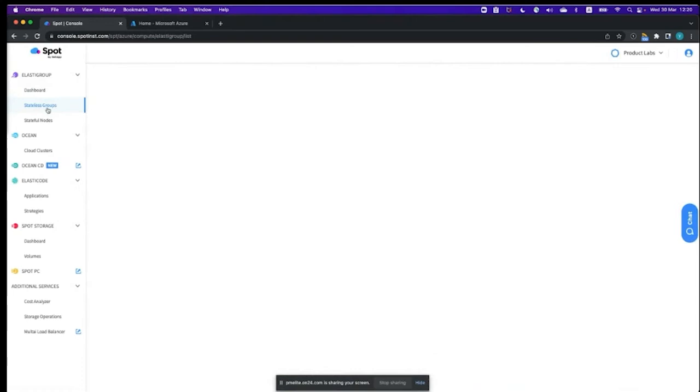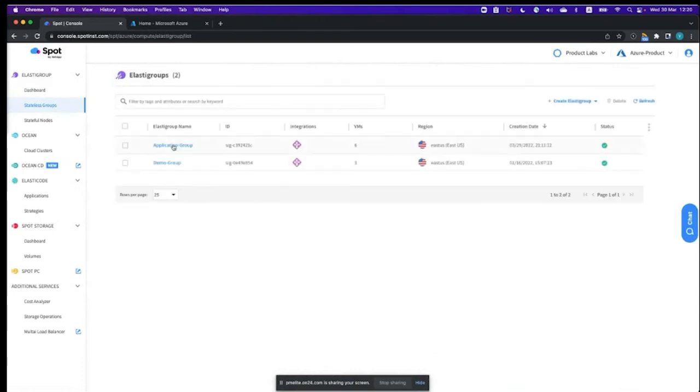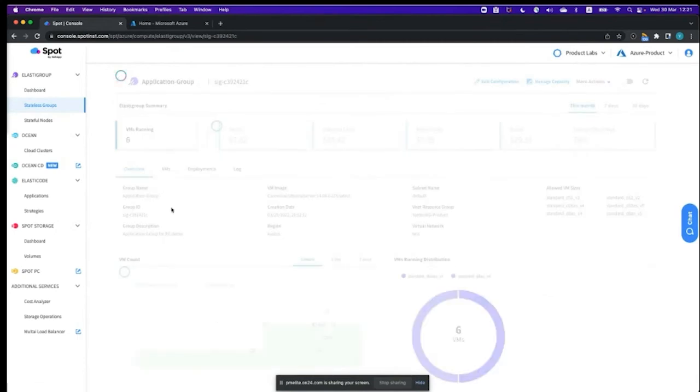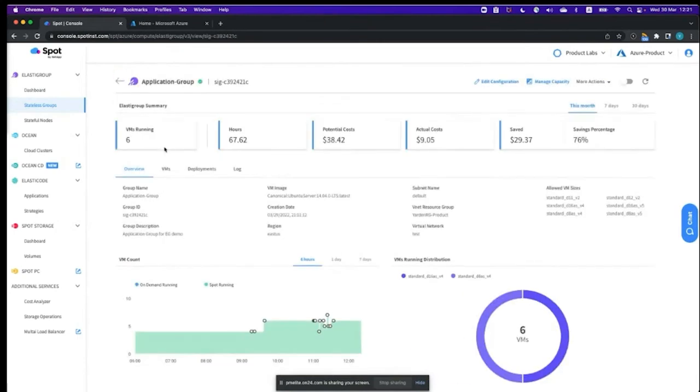Going through the stateful groups, I've prepared an application group here, which is a demo group, giving us an overview of the group. It has 6 VMs running, with 76% savings on this group alone. That's the saving compared to the on-demand pricing of those instances. You can see that we allow, in the same group, configuring multiple VM types and sizes for better spot market availability.